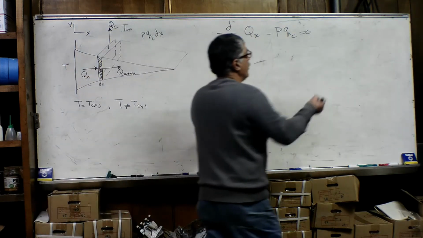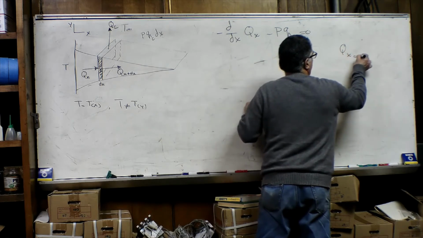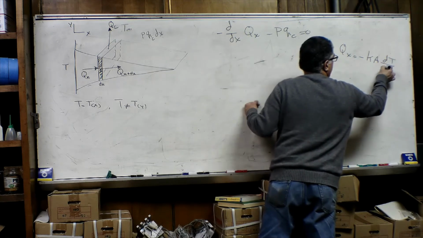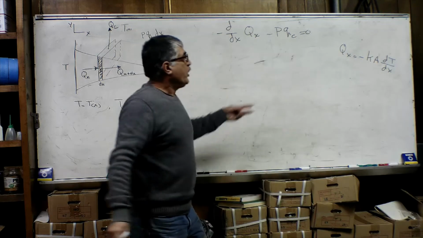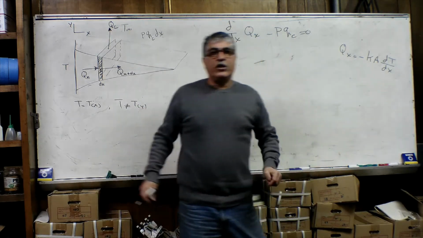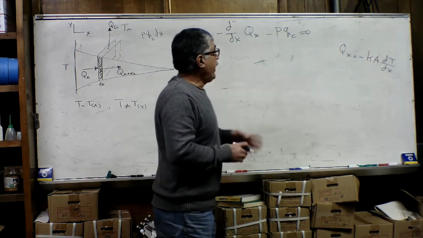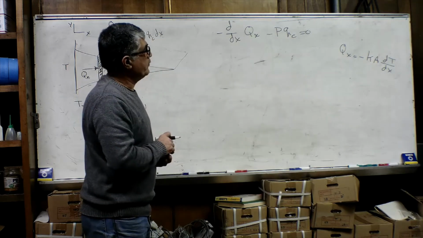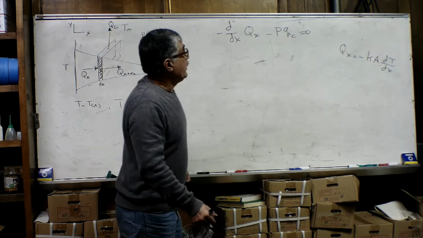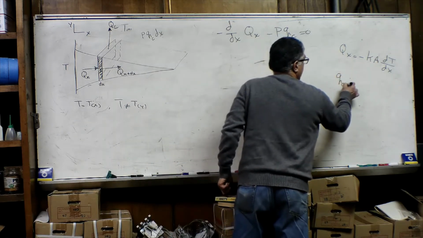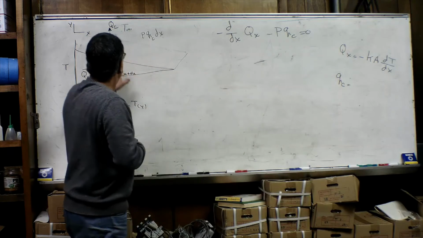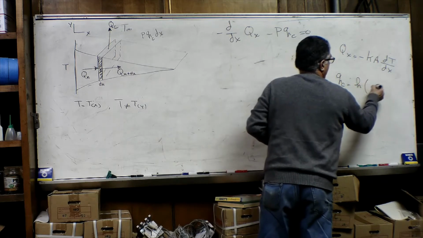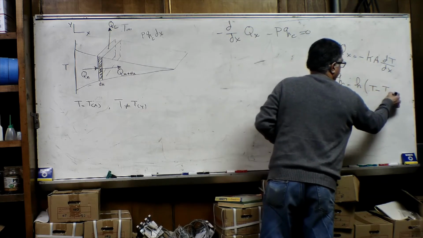The formula for conduction heat transfer, Qx, will be equal to minus kA dT dx, where T is the temperature, k is the thermal conductivity of our material, and A is the cross section of our fin. And Qc is the heat convection from solid to air, which can be written as h times T minus T infinity.